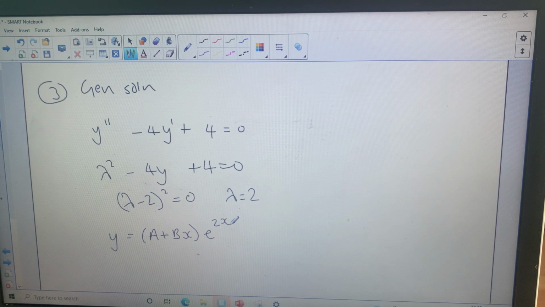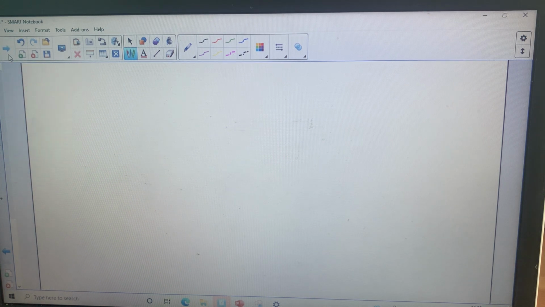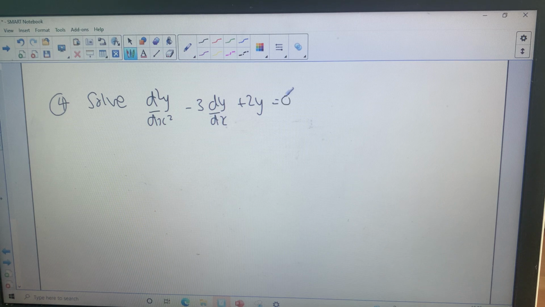For a particular solution, so example 4, we're going to solve d2y over dx squared minus 3 dy dx plus 2y equals 0, given that y equals 1 when dy dx equals 0 and when x equals 0.